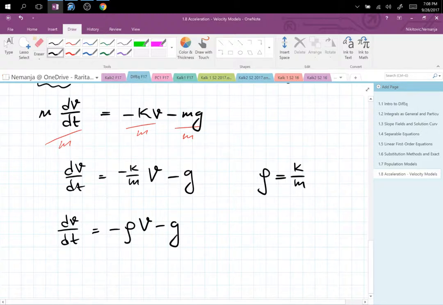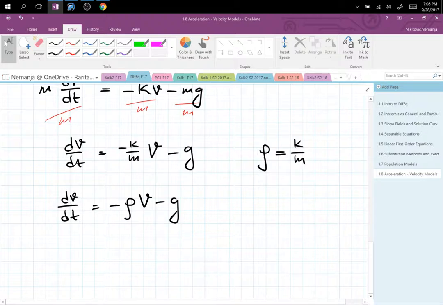There you go. You have the separable differential equation. All of this is now one unit. It goes under dv. And we have the separated equation, dv over negative rho v minus g equal to dt.